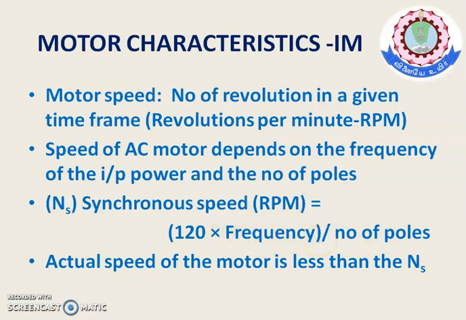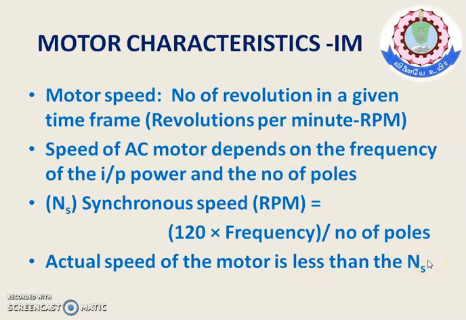NS, N suffix S, indicates the synchronous speed. The synchronous speed of any induction motor or synchronous motor is equal to 120 F by P. The actual speed of the motor will be less than the synchronous speed in the induction motor, whereas the synchronous motor will operate at NS itself.